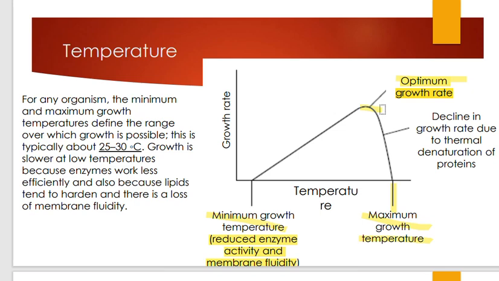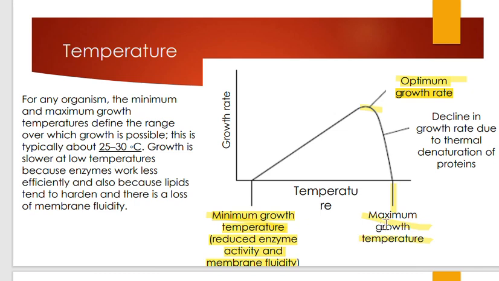So at the optimum temperature, there is the highest growth rate for your microorganism. The lowest temperature at which the organism can survive and replicate is its minimum growth temperature. In comparison to that, the highest temperature at which growth can occur is its maximum growth temperature.